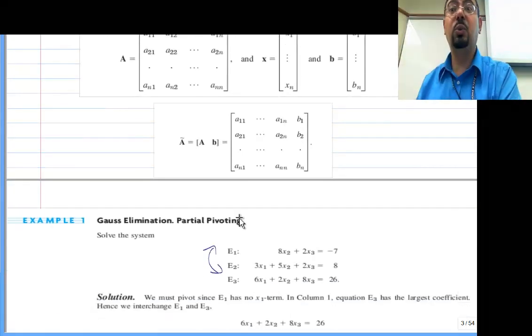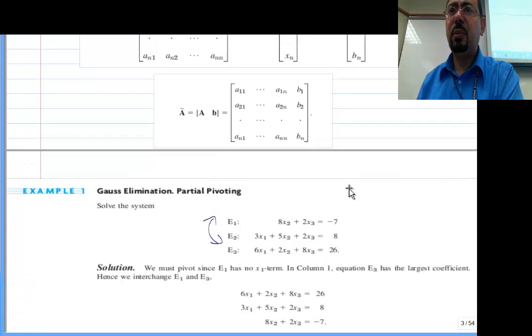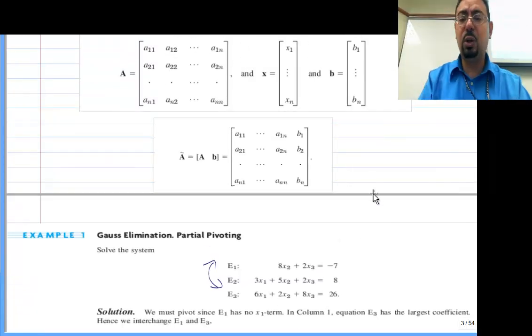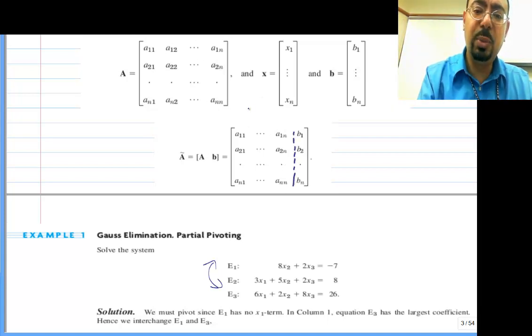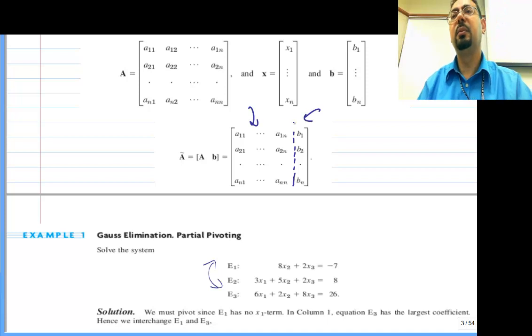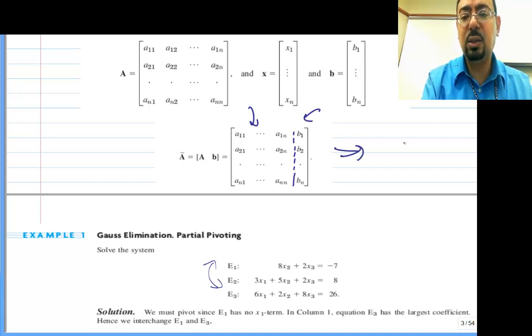That's what Gauss elimination was. Of course you work on the augmented matrix when you do it by hand, so you include the A and the b, and your job is to turn this into an upper triangular matrix. Everything else is 0, right?